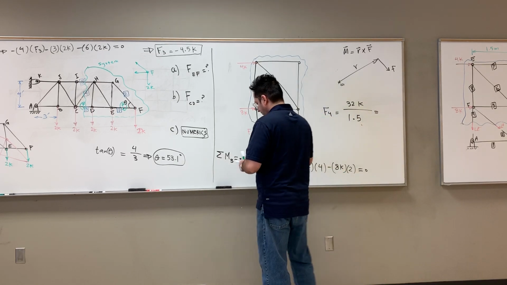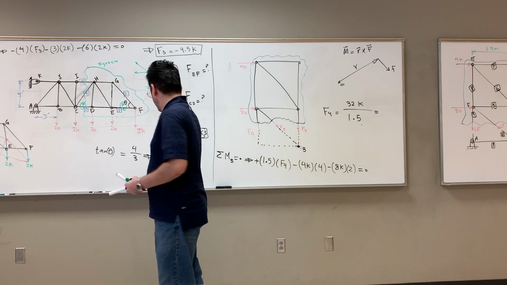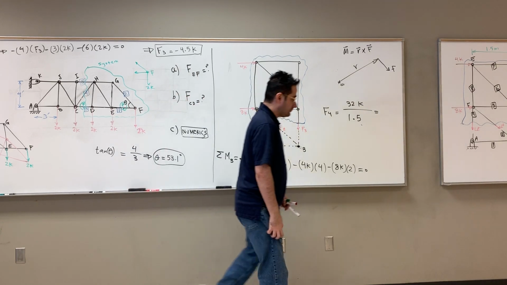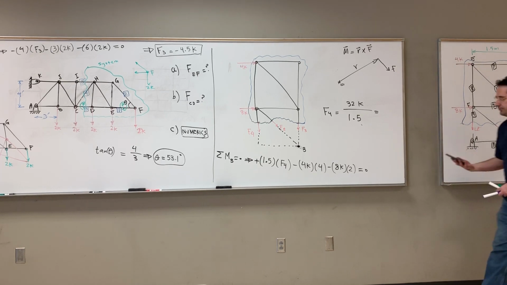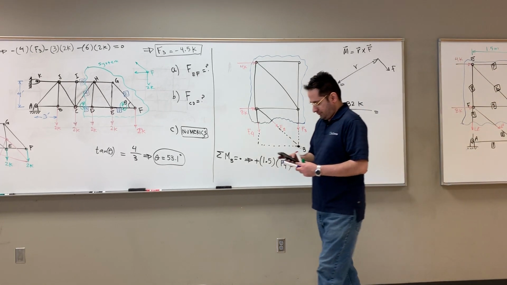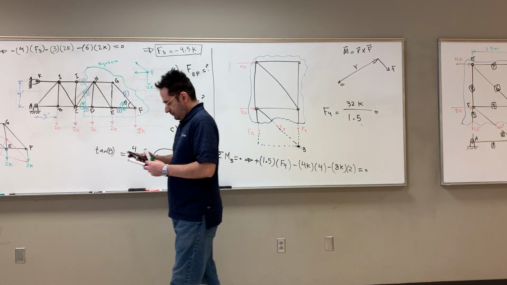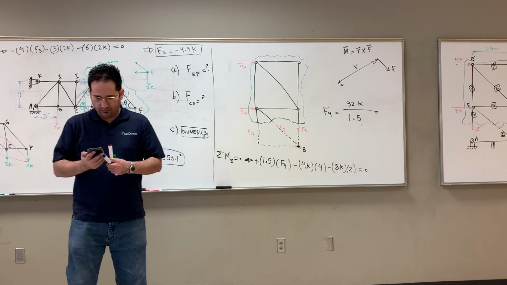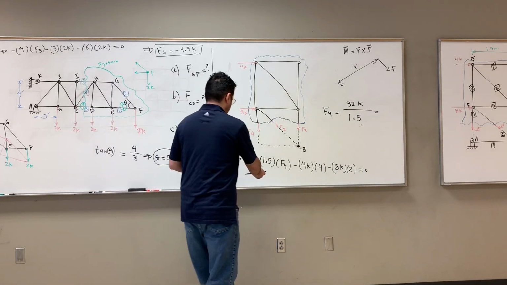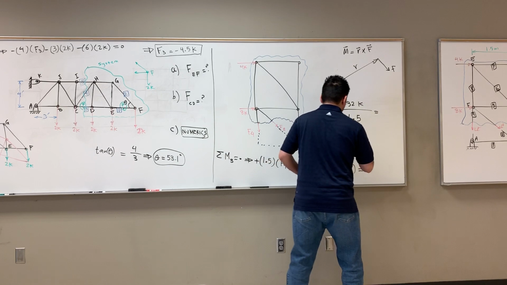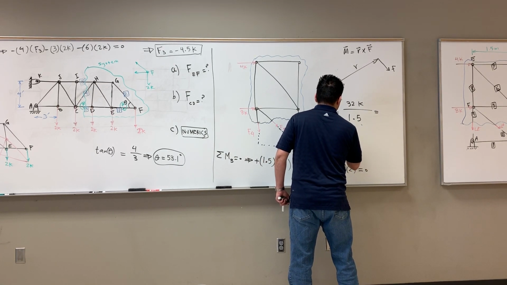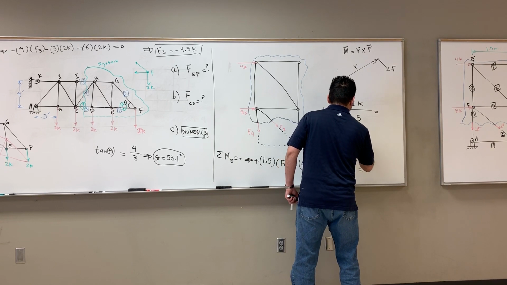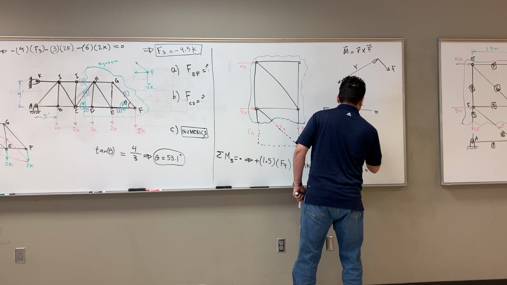That is equal to 32 by 1.5. 21.3K. F4, 21.3K.